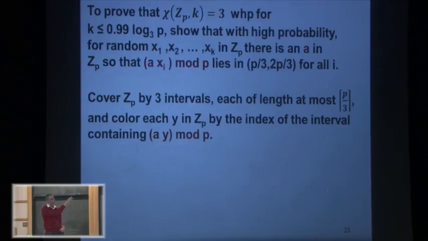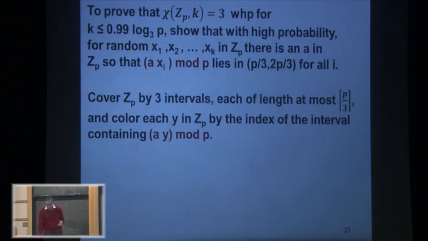So we have this a, so that a*xi modulo p is in the middle third for each of our xi. Now if we want to color y, we just multiply it by a modulo p, and then it falls either in the first interval or the second or the third. It doesn't matter so much where they are located. They are all of size about p/3, and they cover everything. And the index of the interval tells us the color.